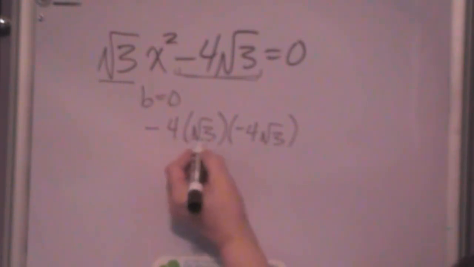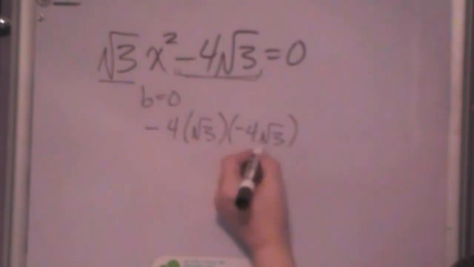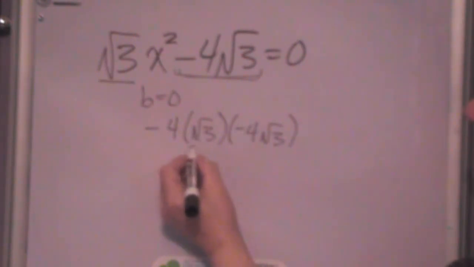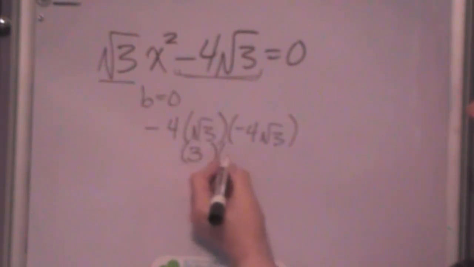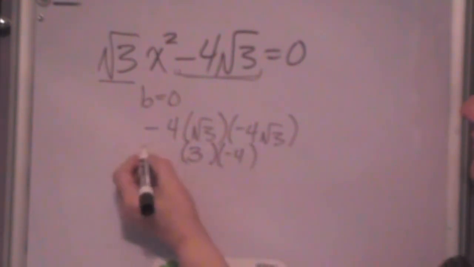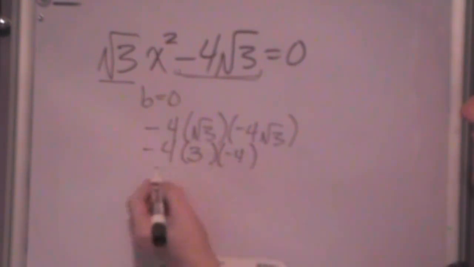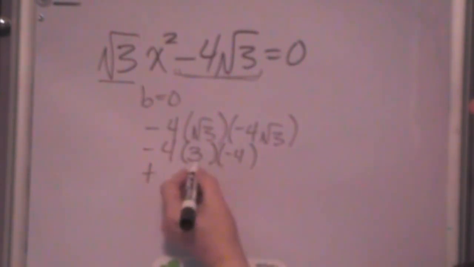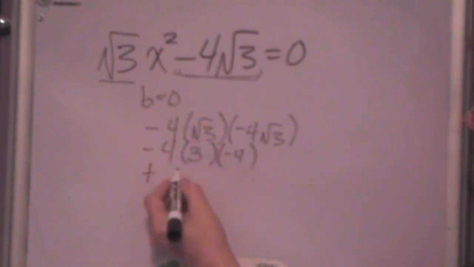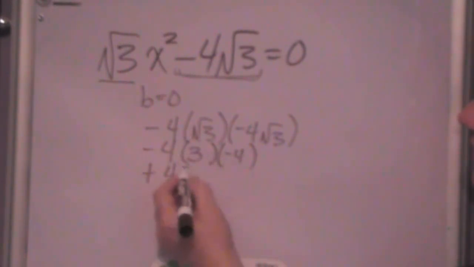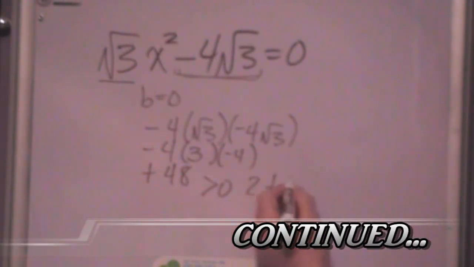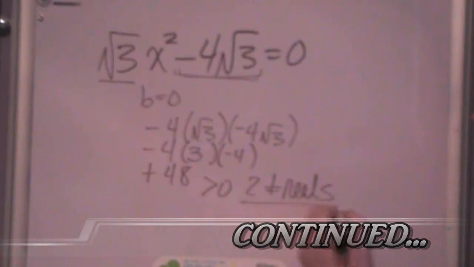Now I have √3 times √3, which is just 3. So I really have plus, because negative times negative is positive, and you get 16 times 3, which is 48. Greater than 0, two unequal roots.